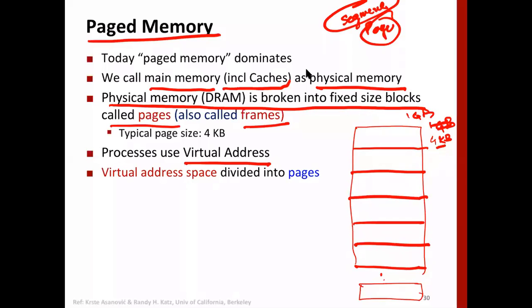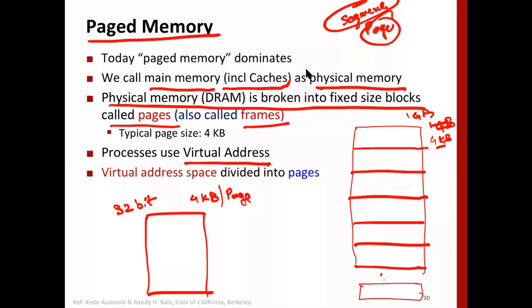So for a system, page size is fixed. It's usually OS dependent. So if we have, for example, a 32-bit machine and we use say 4 KB per page, then the virtual address space is divided into 4 KB pages.